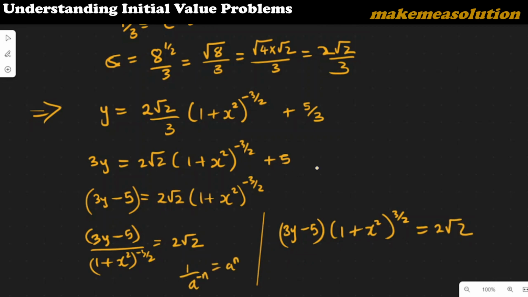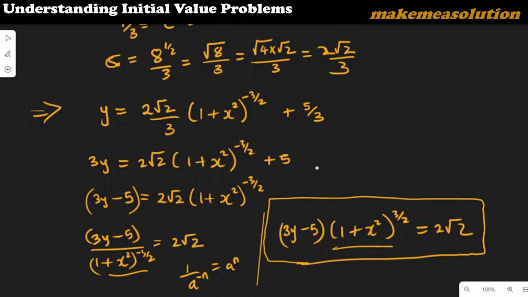So this term in the denominator, when it comes to the numerator, the sign of the power changes from minus to plus. So this is what we know as our particular solution. This is the particular solution for that equation.